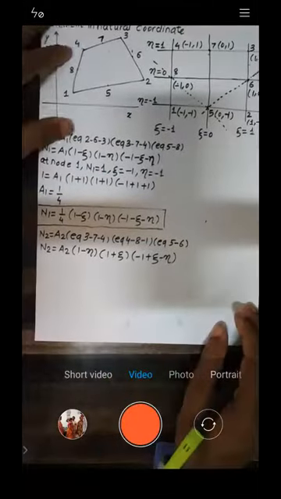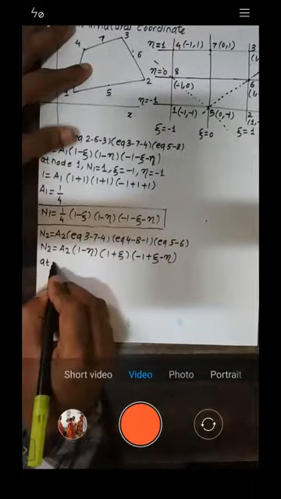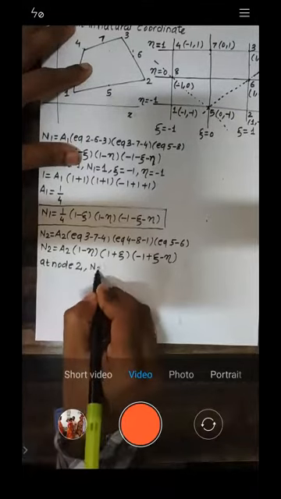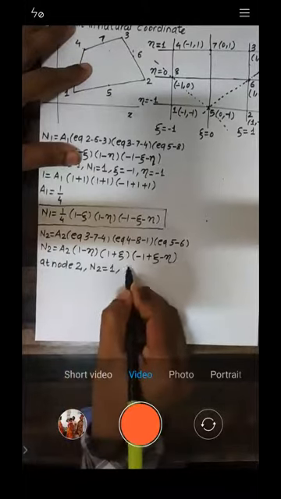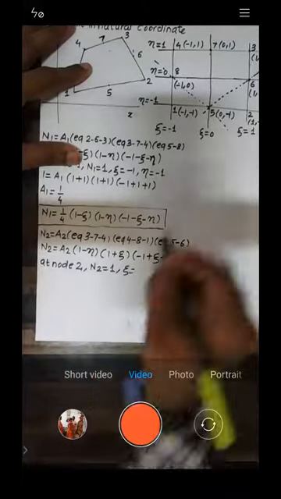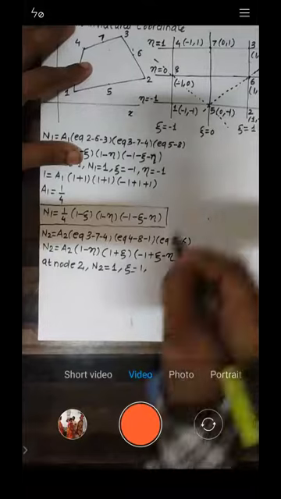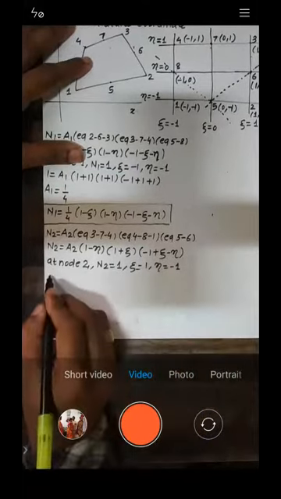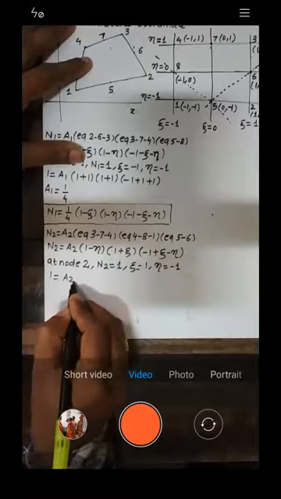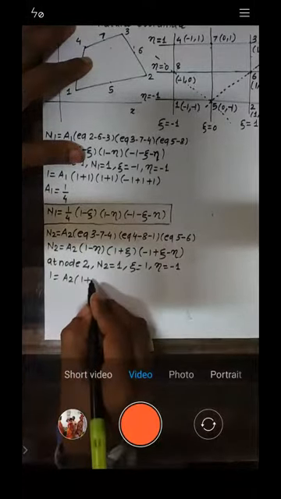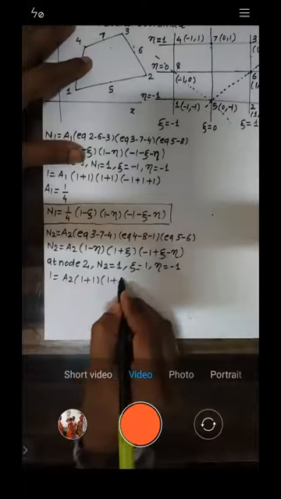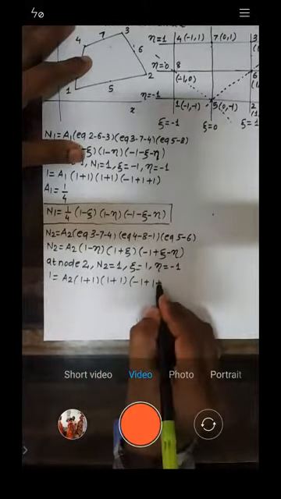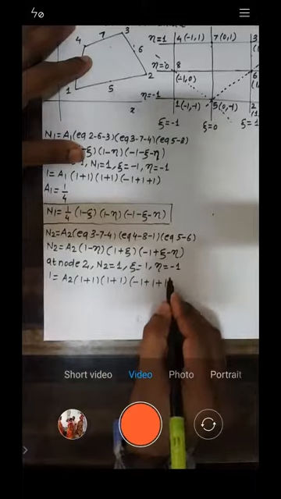Is it okay? So now at node 2, obviously N2 is equal to 1. Zeta at node 2 is 1, and neta is equal to minus 1. So let's put these values. 1 is equal to A2 into (1 minus of minus 1 is plus 1), (1 plus 1), (minus 1 plus 1 minus of minus 1 is plus 1).